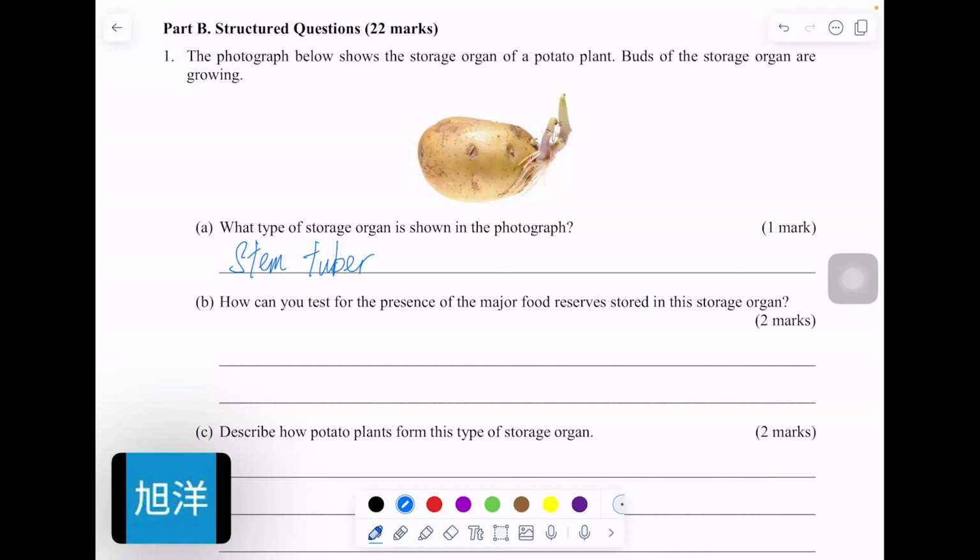How can you test for the presence of the major food reserve stored in this storage organ? Most of you will write down just simply iodine test. But when we talk about how, in this case, you need to tell me the procedures.